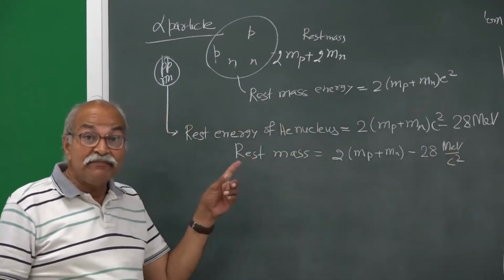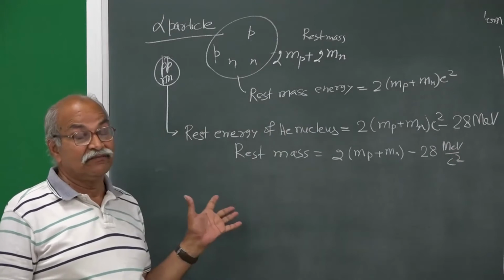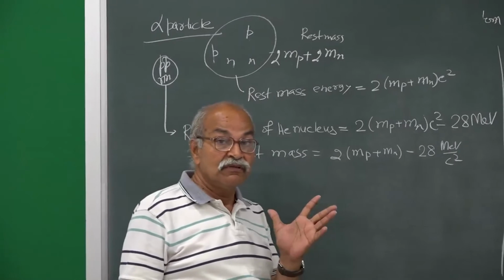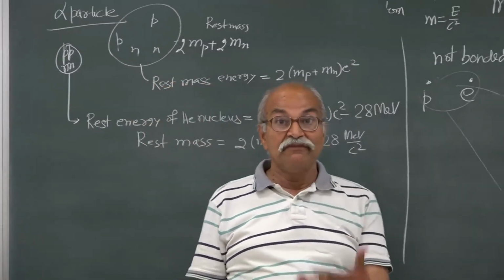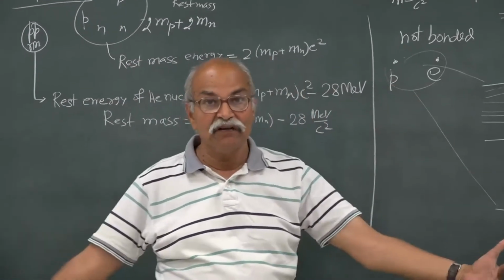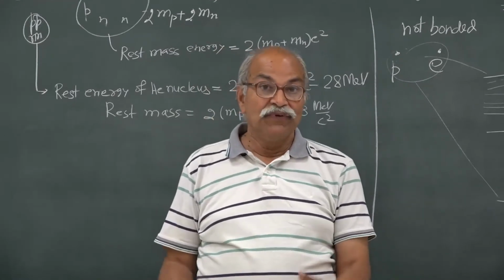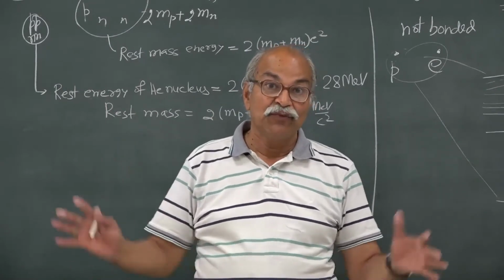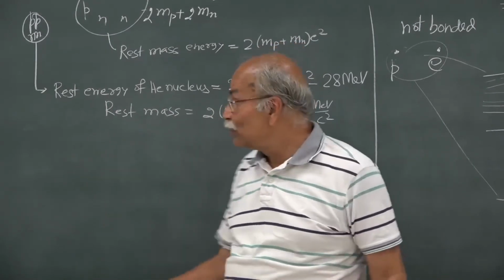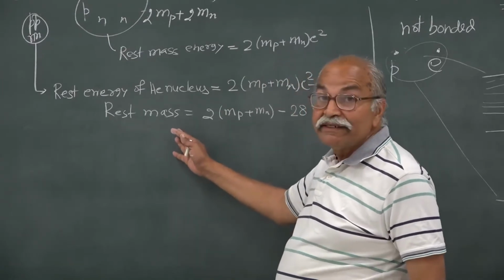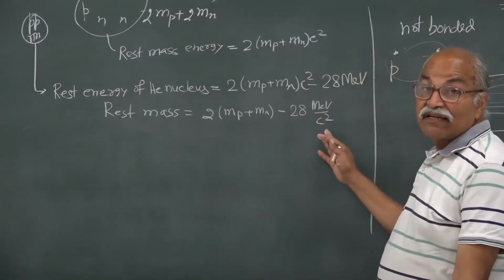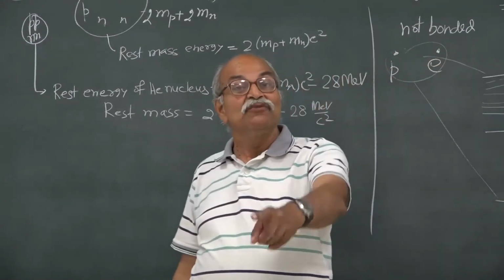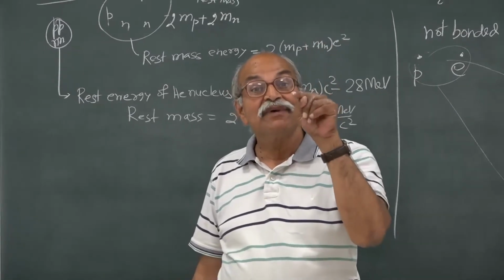And these are experimentally measured quantities. You can very accurately measure the mass of a proton, a neutron, an alpha particle. You have instruments and methods, and very accurate measurements are available for all the nuclei. From those measurements we know that the rest mass of helium is about 28 MeV/c² less than 2 times the proton rest mass energy plus 2 times the neutron rest mass energy.